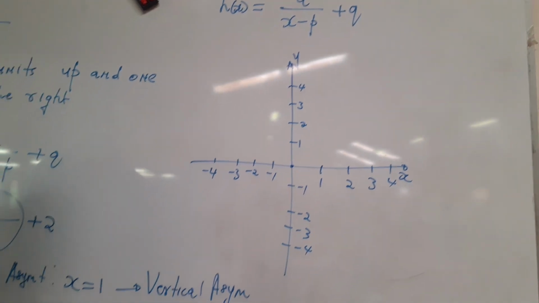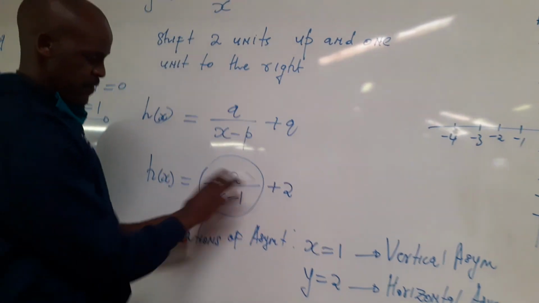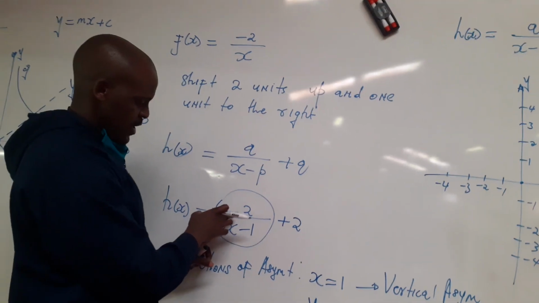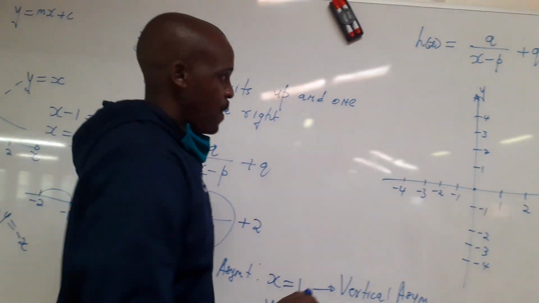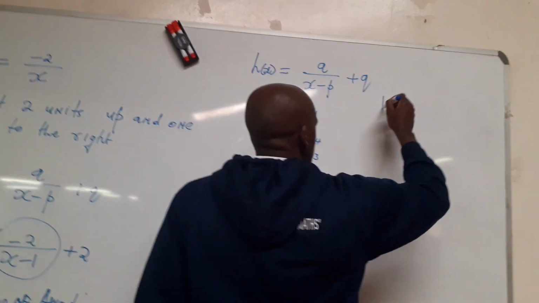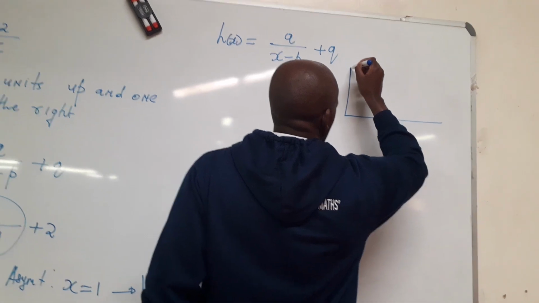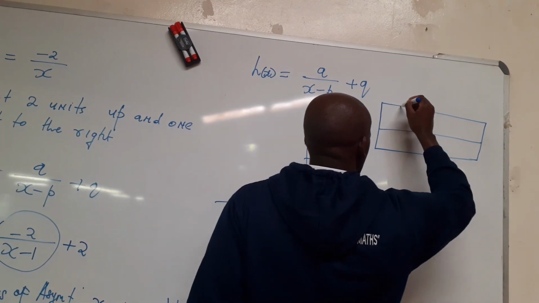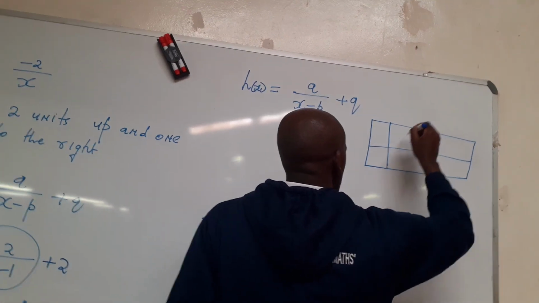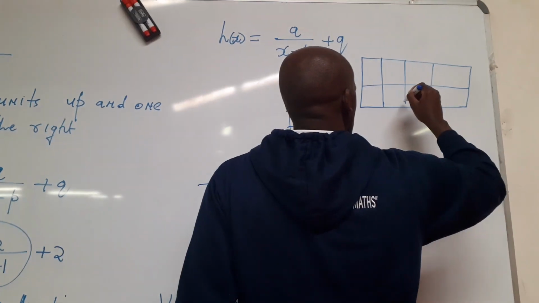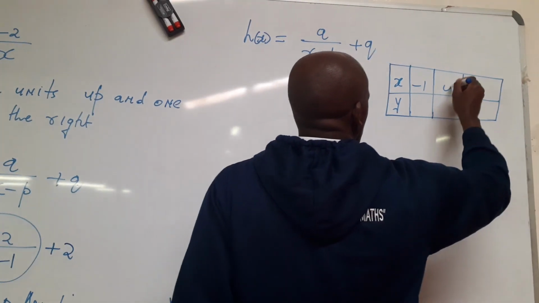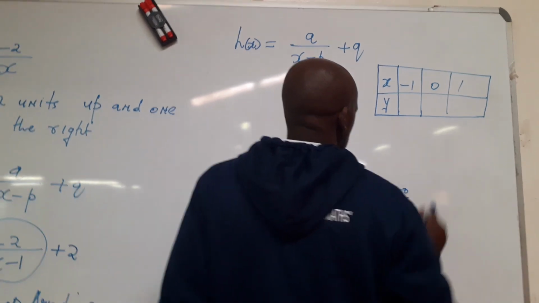Right. Let's sketch this graph here. It's negative 2 over that. Right.